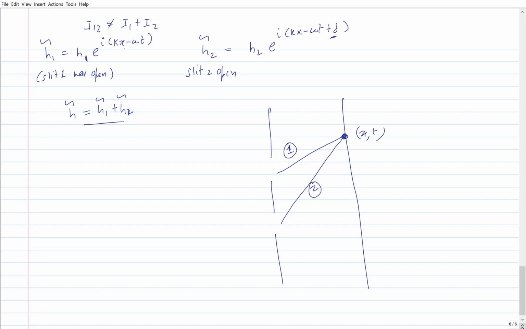And when I add the amplitudes, that's given by h equals h1 plus h2, and the total intensity at a particular point on the screen is going to be proportional to the square of the amplitude of the resultant wave. And as you can see, that will come out to be, I've expressed it in terms of complex numbers, so the calculation is not very hard.